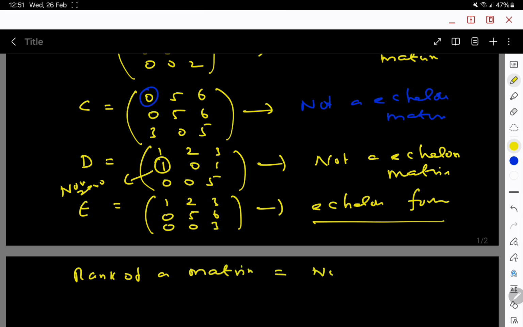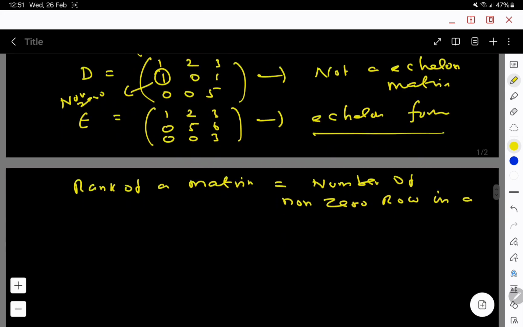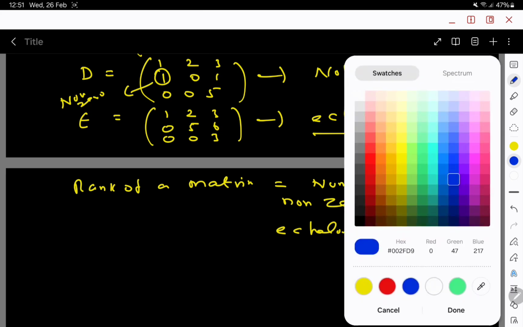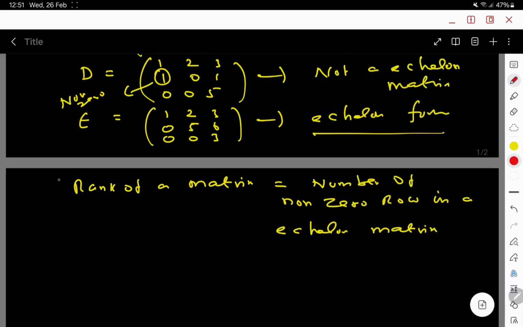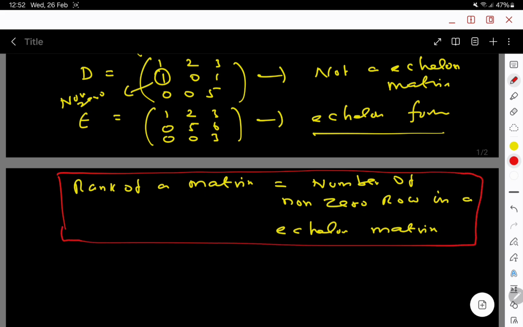This is very important. So in the following problems, to find the rank, we use this.